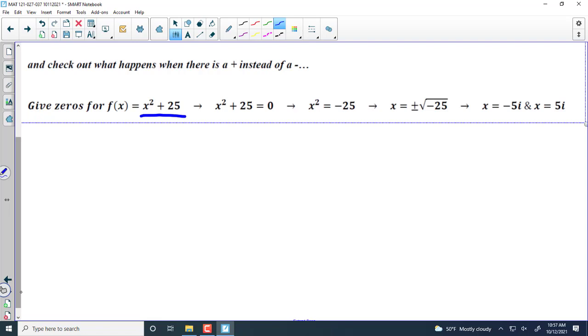What they would do is they'd set it equal to 0, subtract 25 from both sides, apply the square root property, and remember, when you see something like the square root of negative 25, that's exactly the same thing as the square root of 25 times i on the outside. You can pull out that negative and just put an i on the outside. Then the square root of 25 is just 5. And since we applied the square root property, this one has a plus minus. And that's how you get the two answers there.